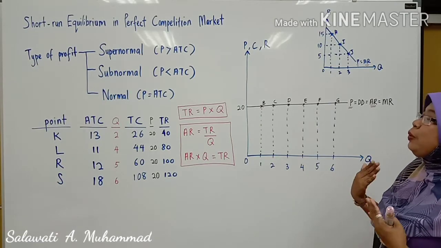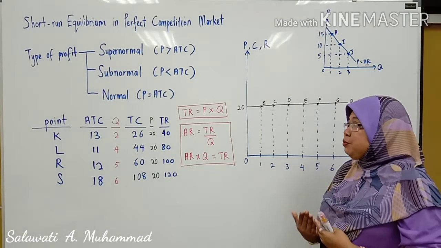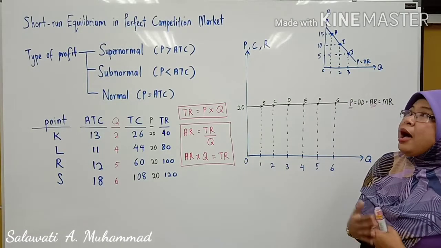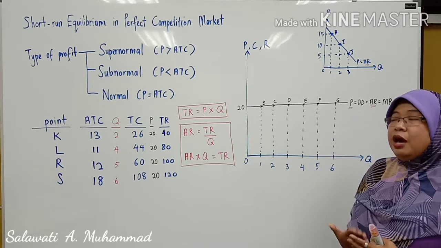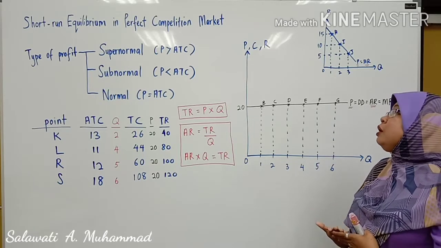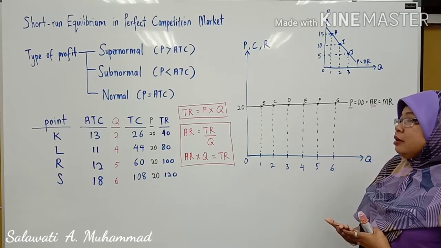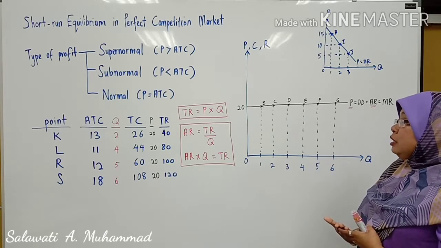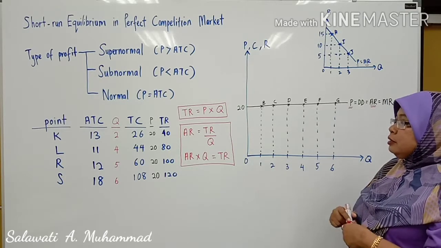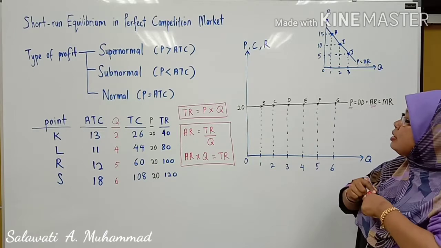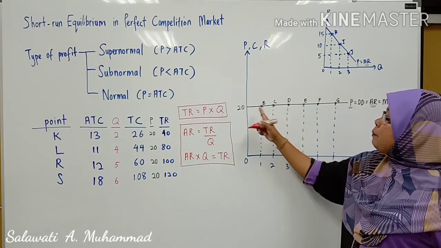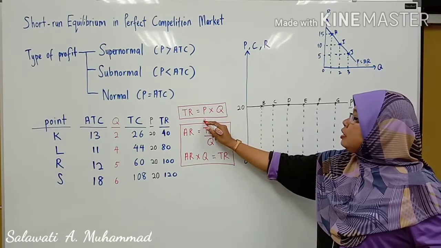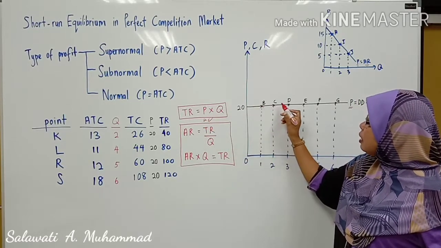Okay. So when the question asks you how much total revenue at quantity 2 units, so what happened? TR equals P times Q. Price is 20, here 20.